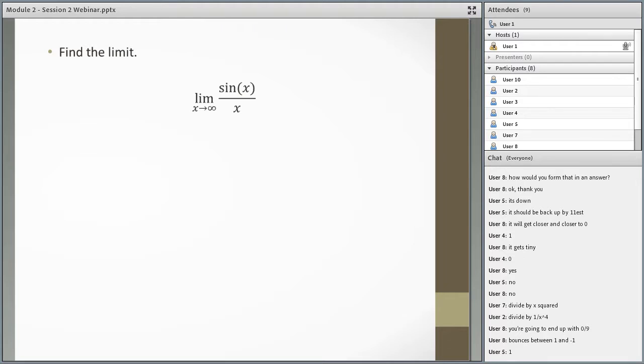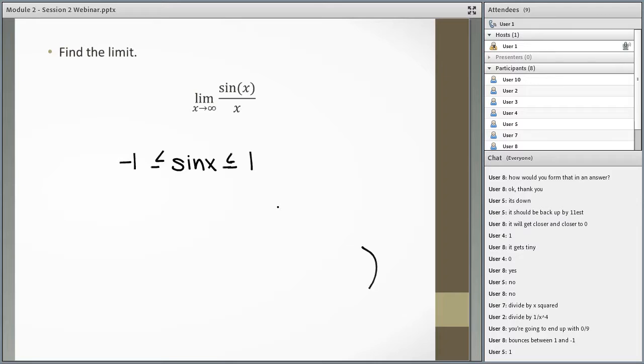Very good. Sine x goes between 1 and negative 1. So I know that sine x is between 1 and negative 1. So as x goes to infinity, we don't have one answer, which means it doesn't exist.